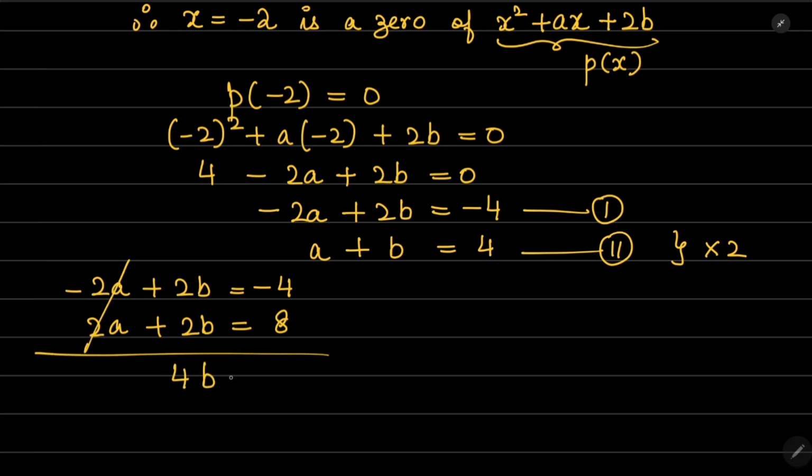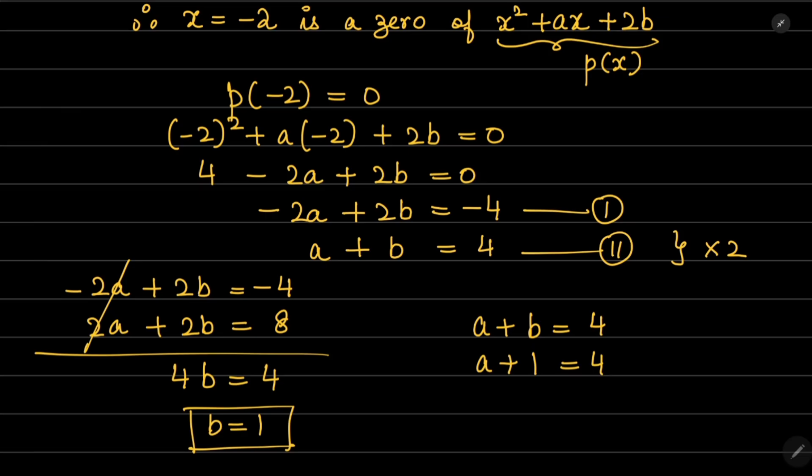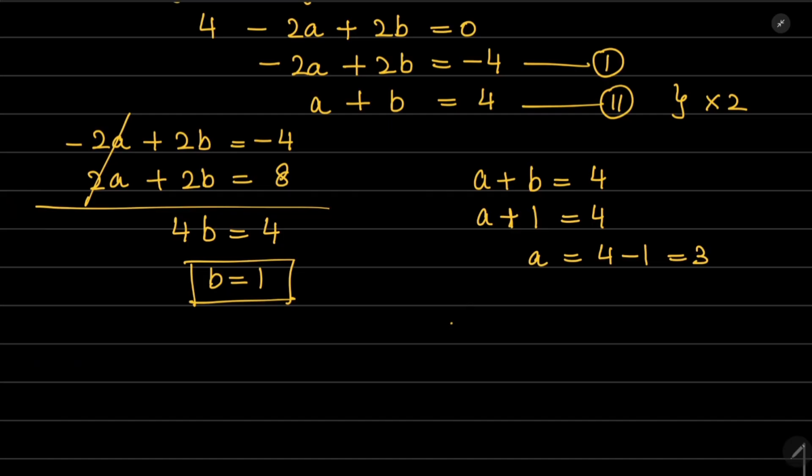I will get 4b equal to 4 and b is equal to 1. This is the value of b. Let me substitute it. a plus b equal to 4, a plus 1 equal to 4, and a is equal to 4 minus 1, which is 3. Therefore, the value of a that I am getting is 3. So, this is your final answer.